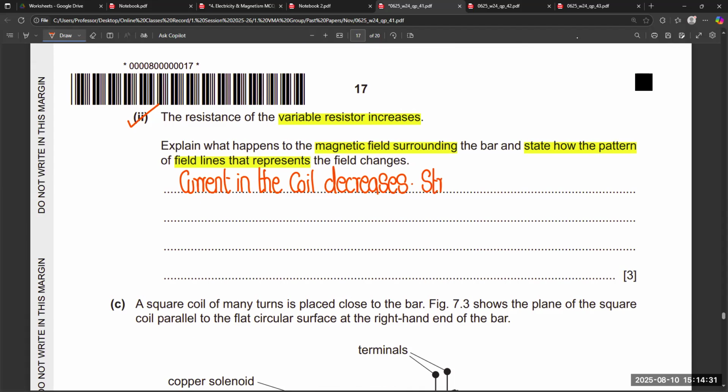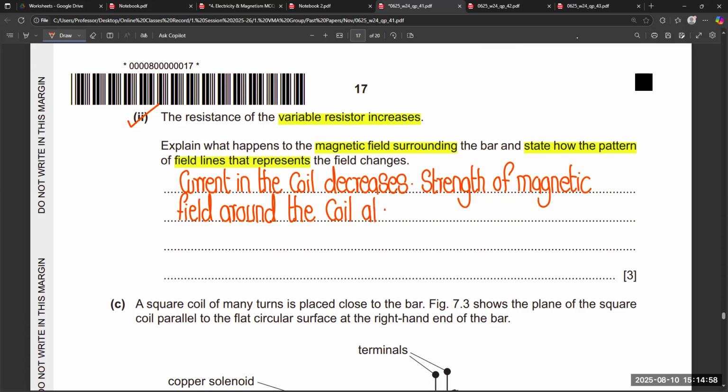So the strength of magnetic field around the coil also decreases.